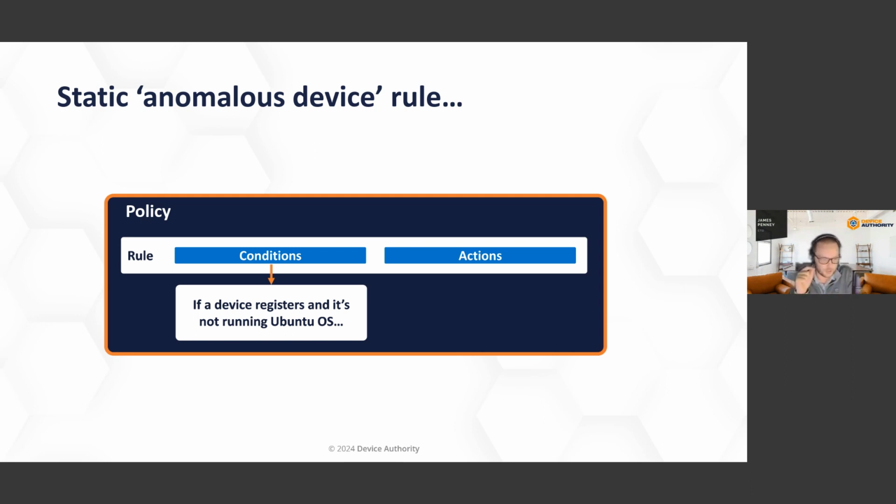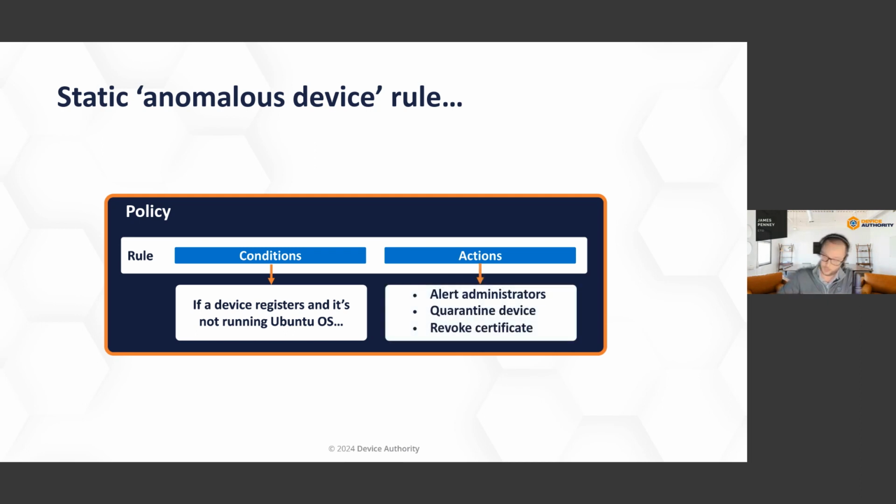If a device registers and it's not running Ubuntu, then I'm going to alert the administrators, quarantine the device, revoke the certificate. Obviously, the actions you choose are completely up to you, as we've seen in things like healthcare and 24/7 manufacturing.